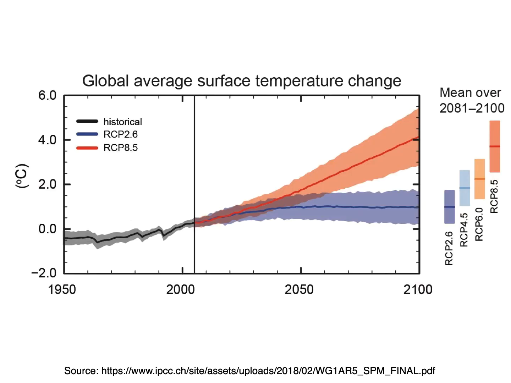So this graph describes the global average surface change under these 4 different emission scenarios. And we can see that for the worst case scenario, RCP 8.5, we're talking about an increase in the amount of heat energy in the global system, an increase in global mean surface temperature of about 4 degrees. And there's a range because they use many different models.